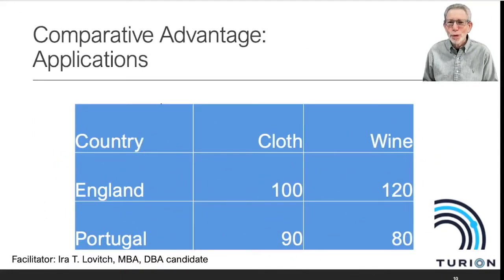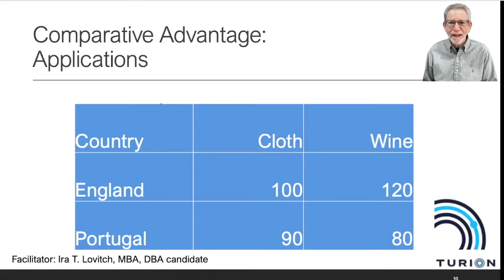So in video 3, hopefully you remember that we actually used a comparison that was suggested originally to explain comparative advantage. We applied it using a comparison between the two nations of England and Portugal and two products, cloth and wine. And both could be produced by either nation.